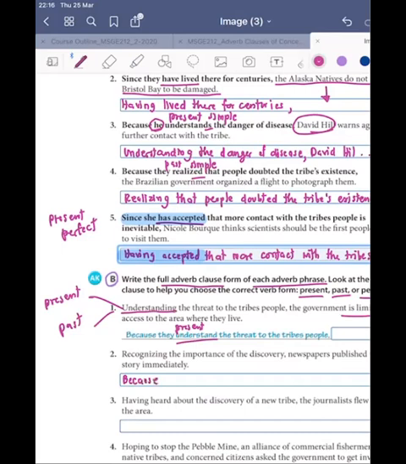Because they recognized the importance of the discovery.